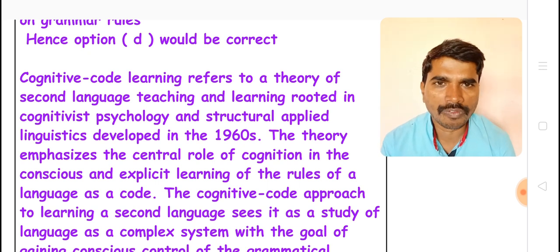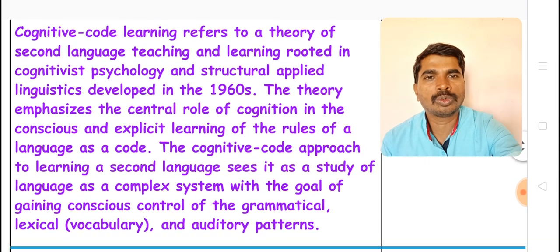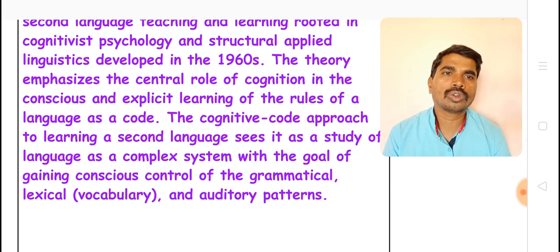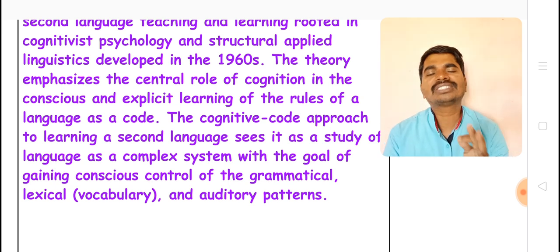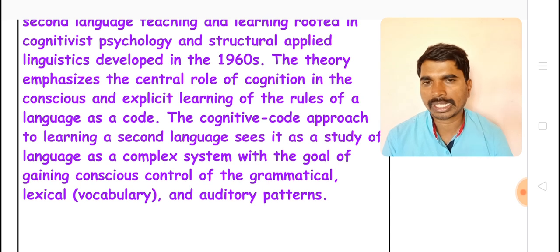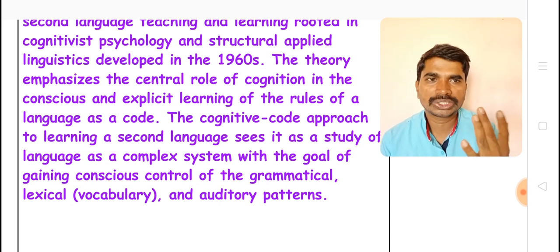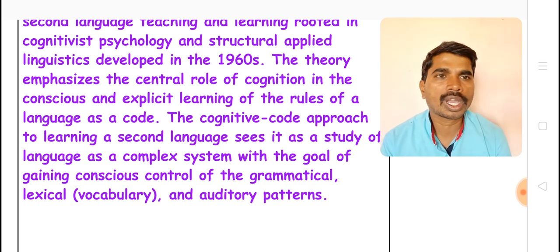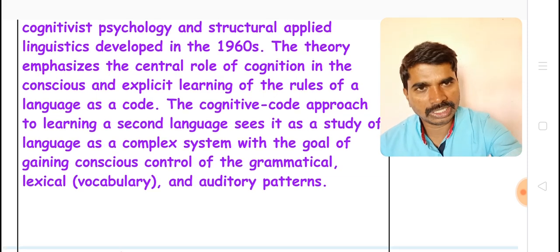The cognitive code approach sees learning a second language as the study of language as a complex system with the goal of gaining conscious control of grammatical, lexical and auditory patterns. It means this approach focuses on three major things: grammar, vocabulary, and auditory patterns, meaning pronunciation. These are the focal points of the cognitive code approach, which was developed in 1960.